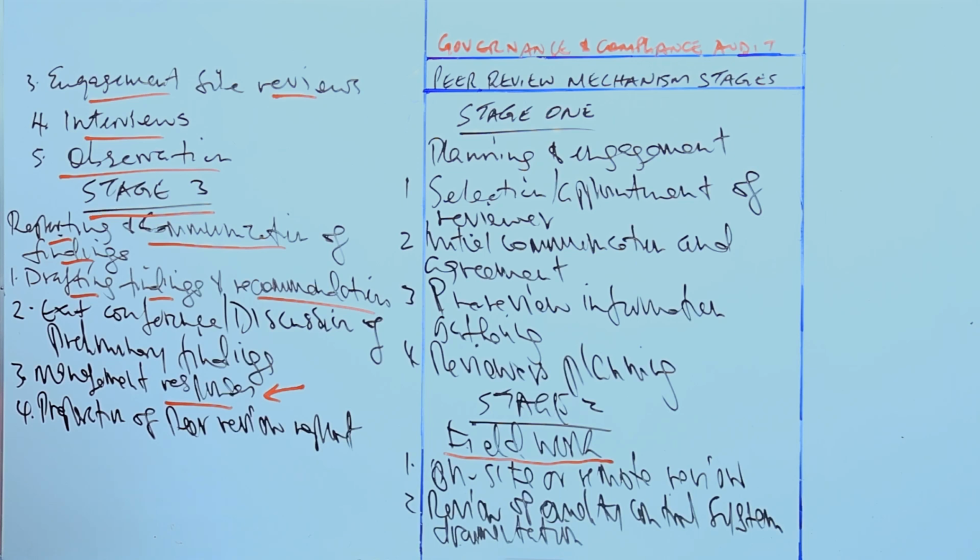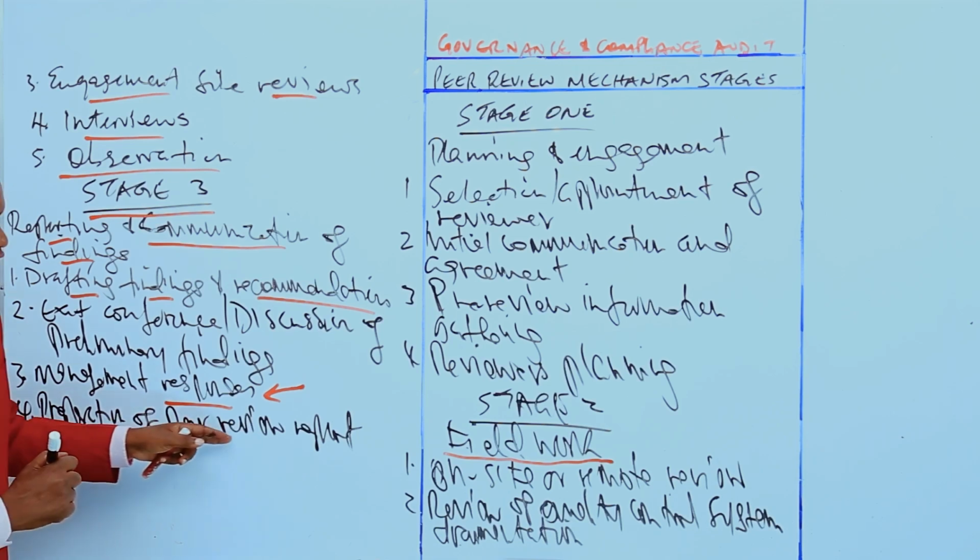The report is then typically assigned what we call a rating. It could be a pass, or a pass with deficiencies, or fail for system reviews, and so on.